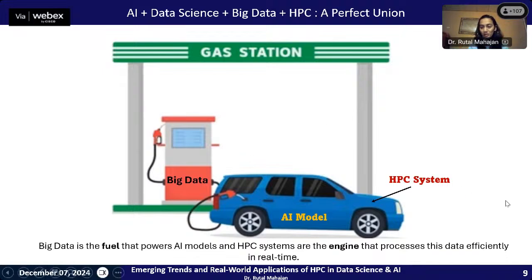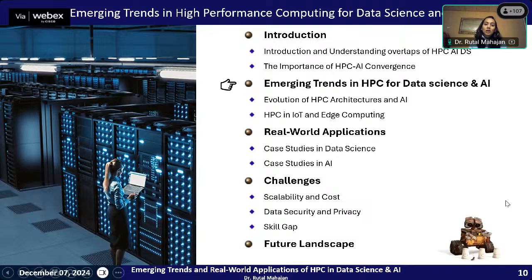Next, moving ahead to the emerging trends in HPC, data science, and AI. Let's look first at the evolution of HPC architecture and AI, and then we will cover HPC and IoT in edge computing.